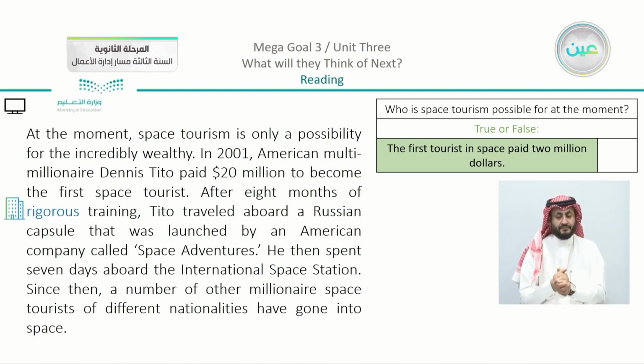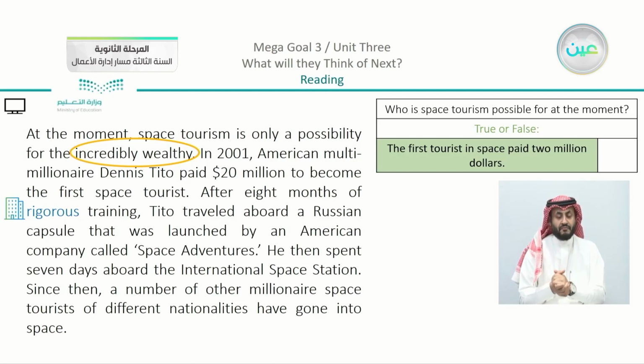And we have another question, which is a true or false. The first tourist in space paid $2 million. So we're going to scan here and see that from the very beginning of the paragraph, space tourism is only a possibility for the incredibly wealthy.